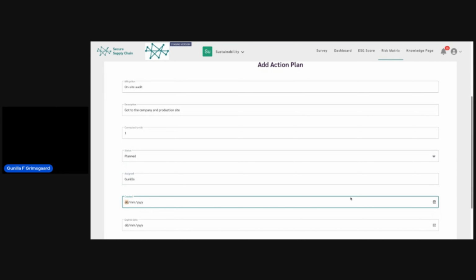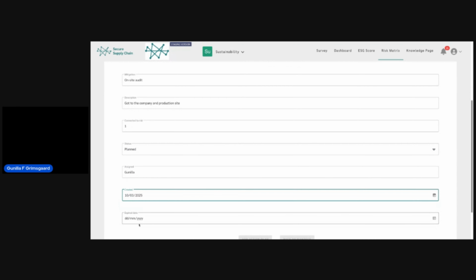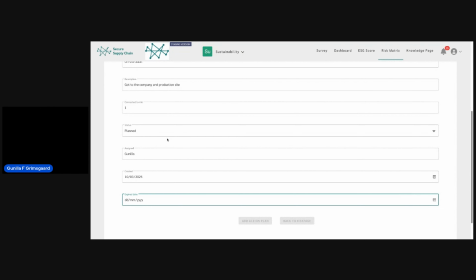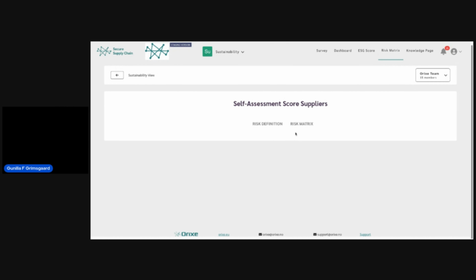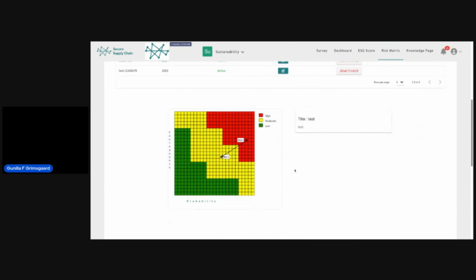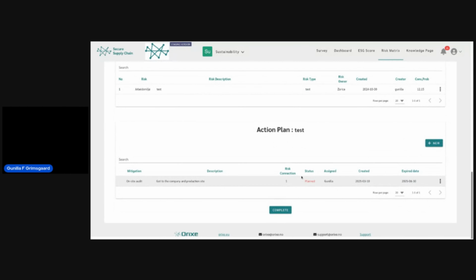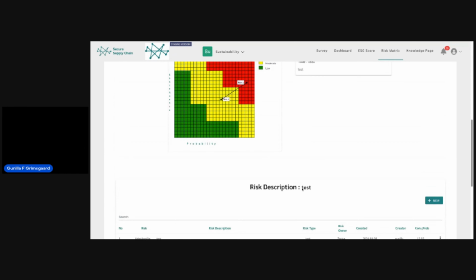It was created today. And when it's going to expire, maybe I need some time on this actually. Then I could just add to action plan. Okay. And then you can actually see that we have it here.